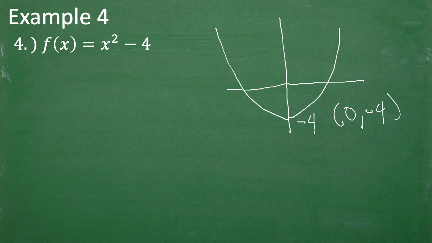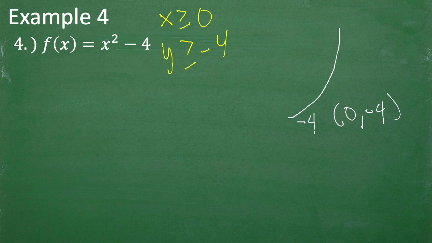So let's restrict, for example, let's remove this part. Our restriction could become x must be greater than or equal to 0, and our range, y must be greater than or equal to negative 4. With that, we can now erase our graph and find the inverse of this function.